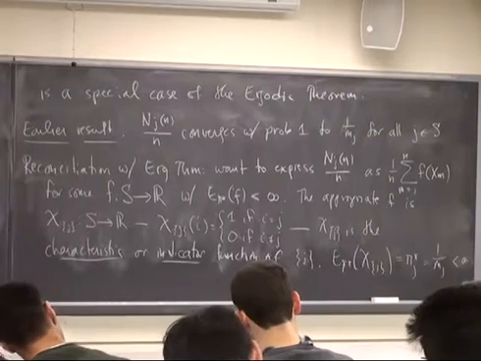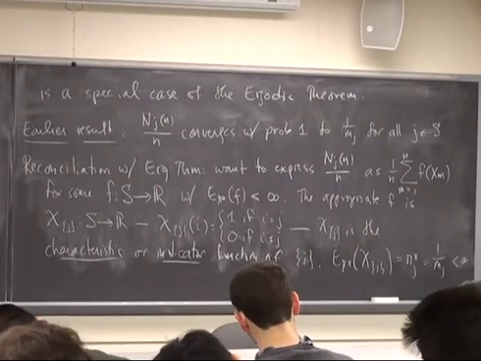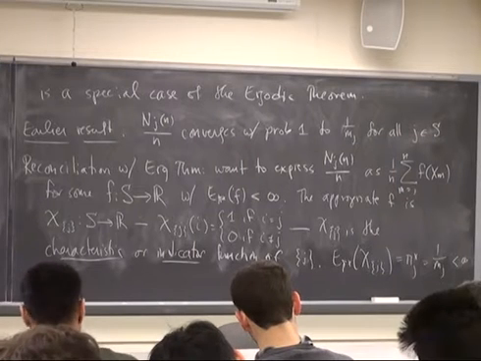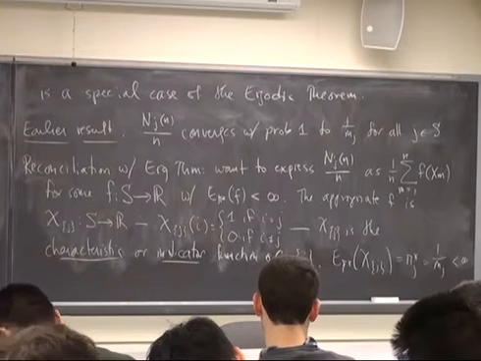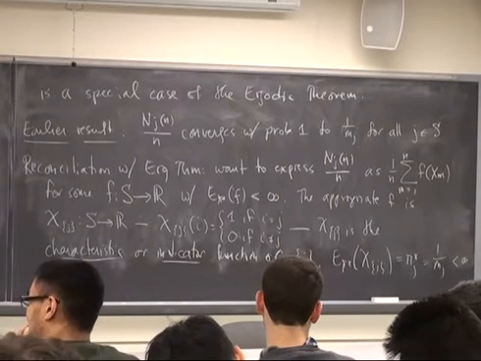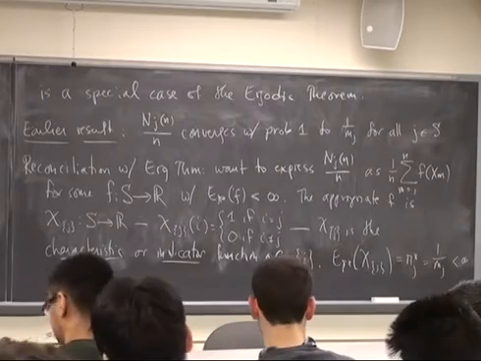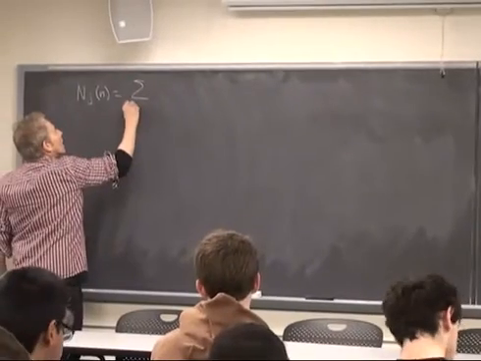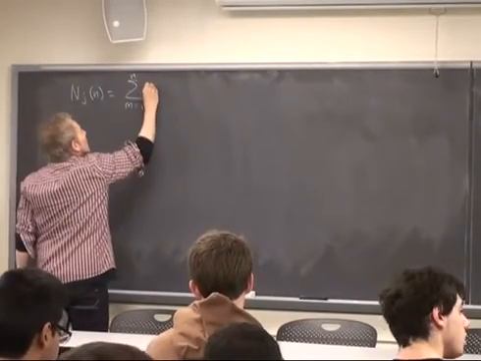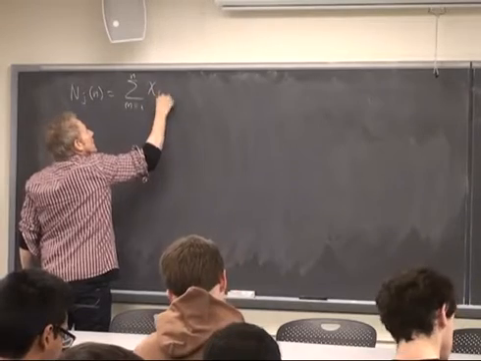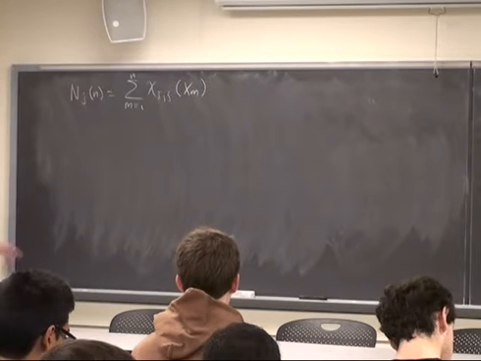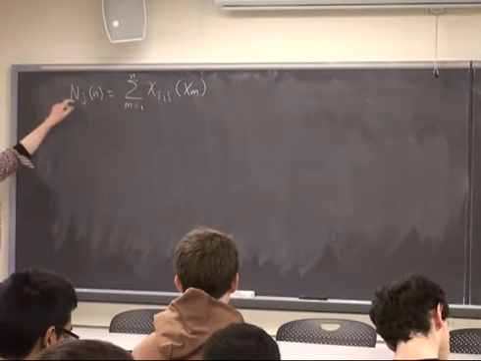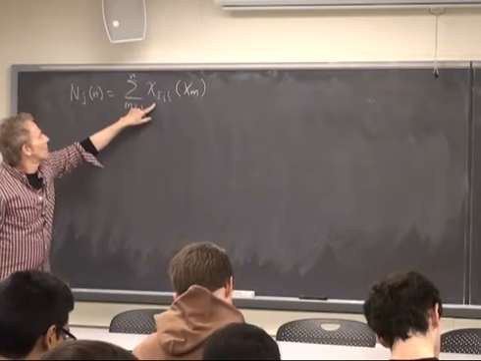The bottom line here is that N_j(n) is just going to equal the sum from m equals 1 to n of chi sub set j of X_m. Therefore, 1 over n times N_j(n) is equal to 1 over n times this sum.